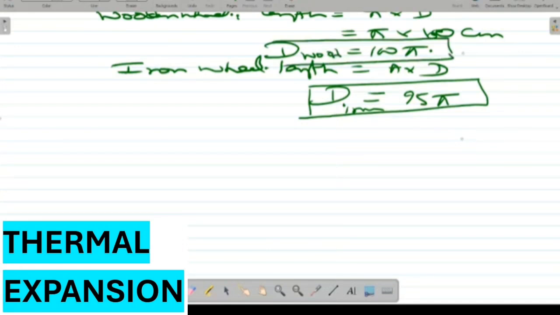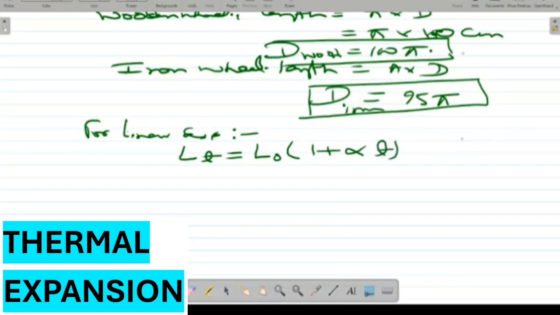100 pi. Now students, you know that for linear expansion we apply the formula: L at particular temperature T will be equal to L at 0, the length at 0, into 1 plus alpha T, where alpha is the coefficient of linear expansion. Right students? So L at T, after expansion, the expansion is happening on the iron wheel.